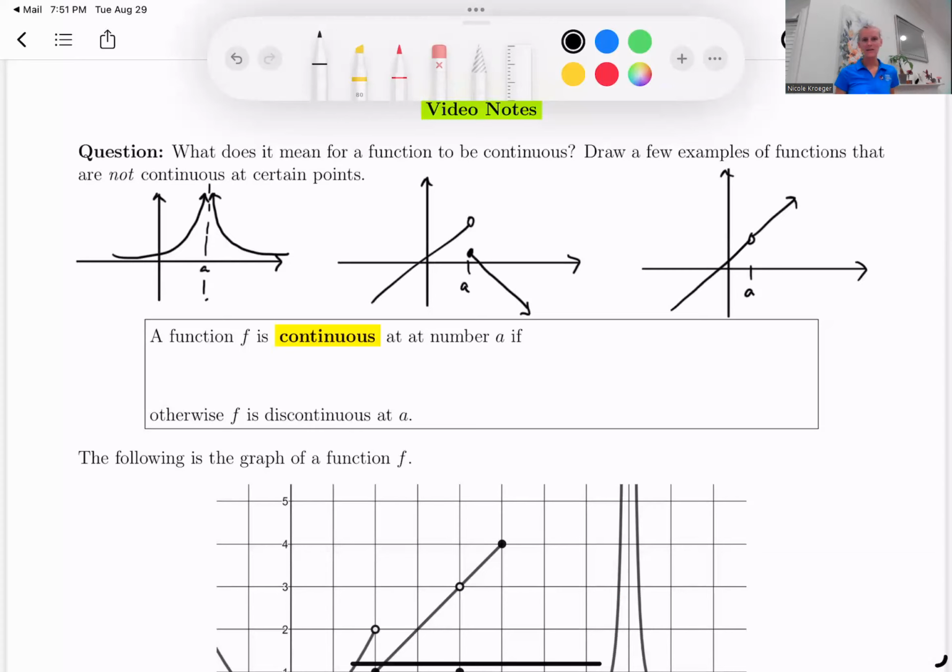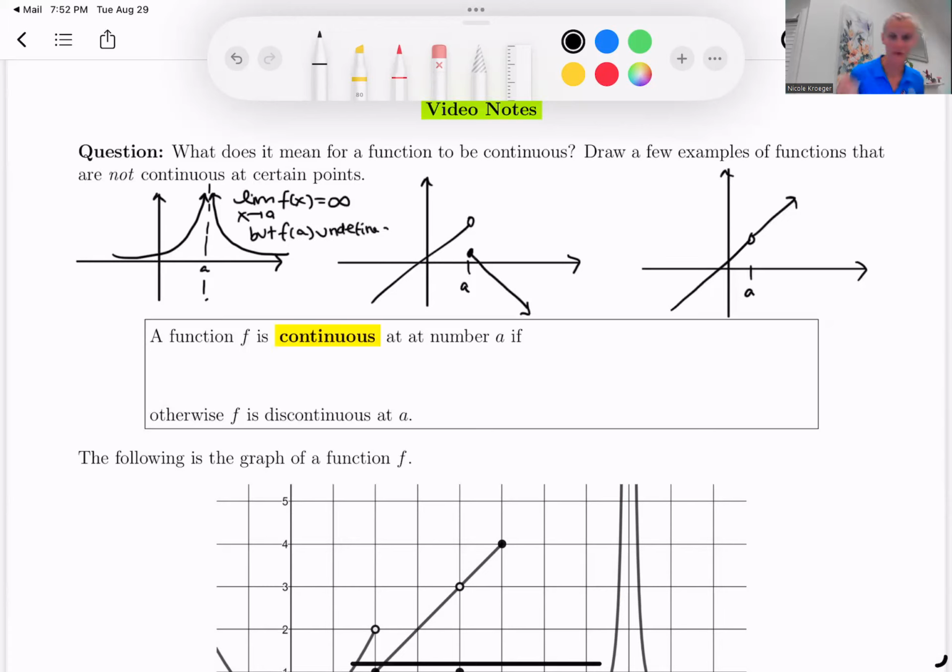So if we look at each of these discontinuities and think about them in terms of limits, the thing that we notice is that the value of the function is not equal to the value of the limit. In this case, the limit as x approaches a of the function is infinite, but f of a is undefined.